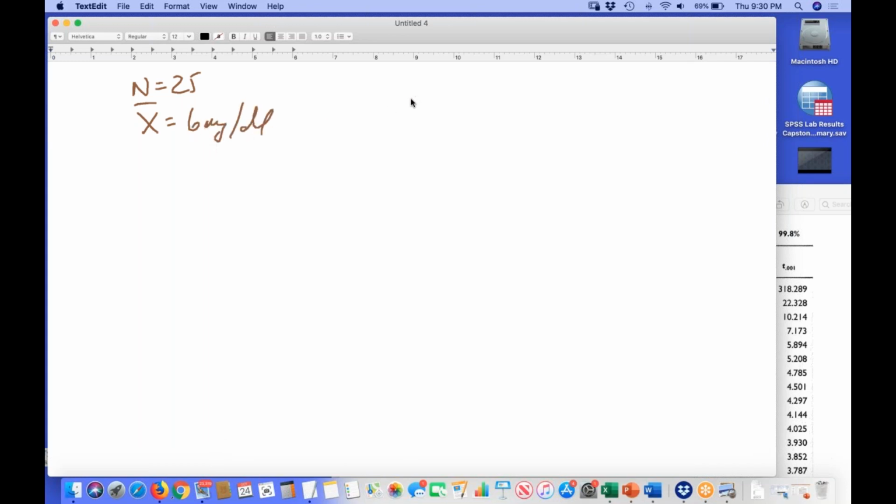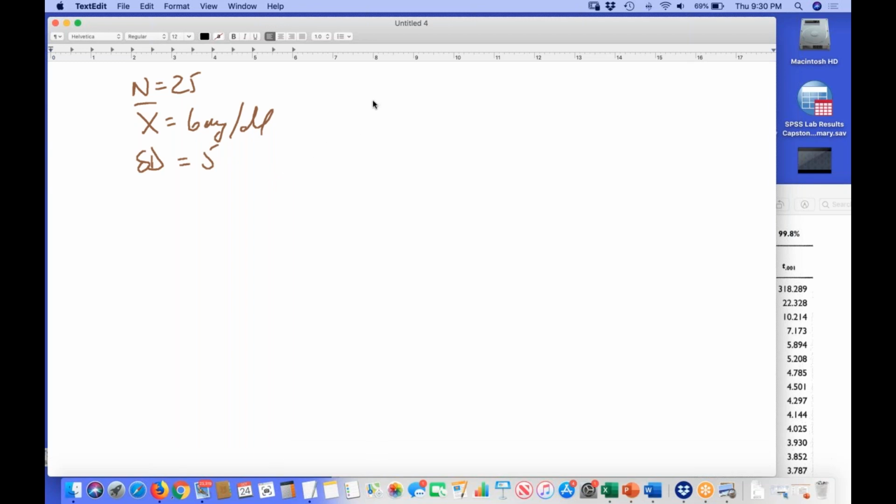Our population, okay, so for our 95% confidence interval, we don't know what sigma is, but we know that the standard deviation for the children in this study was, let's say, what did I say before? 5. I'll say it's the same thing, 5 micrograms per deciliter.